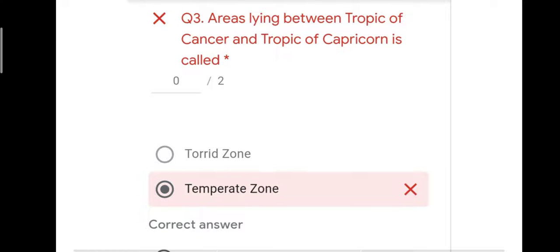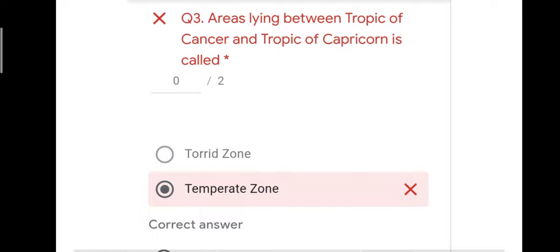Temperate zone is the area lying between Tropic of Cancer and Arctic Circle in the northern hemisphere and Tropic of Capricorn and Antarctic Circle in the southern hemisphere. So some of you got confused and ended up choosing the wrong answer. But the areas lying between Tropic of Cancer and Tropic of Capricorn is torrid zone.